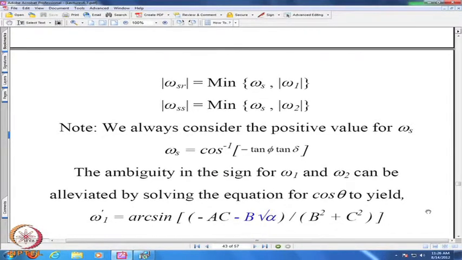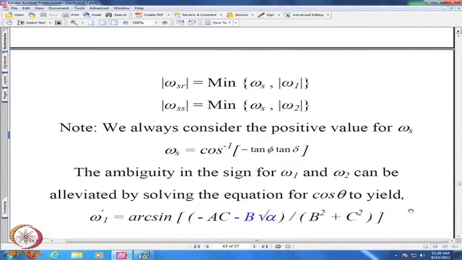Now, this is where one of our graduate students has come out with an idea. Why did we get into this mess? Because we are solving it as a cosine inverse. We are solving it as a cosine inverse because for gamma equal to 0, it is a cosine inverse and there is no sine term.